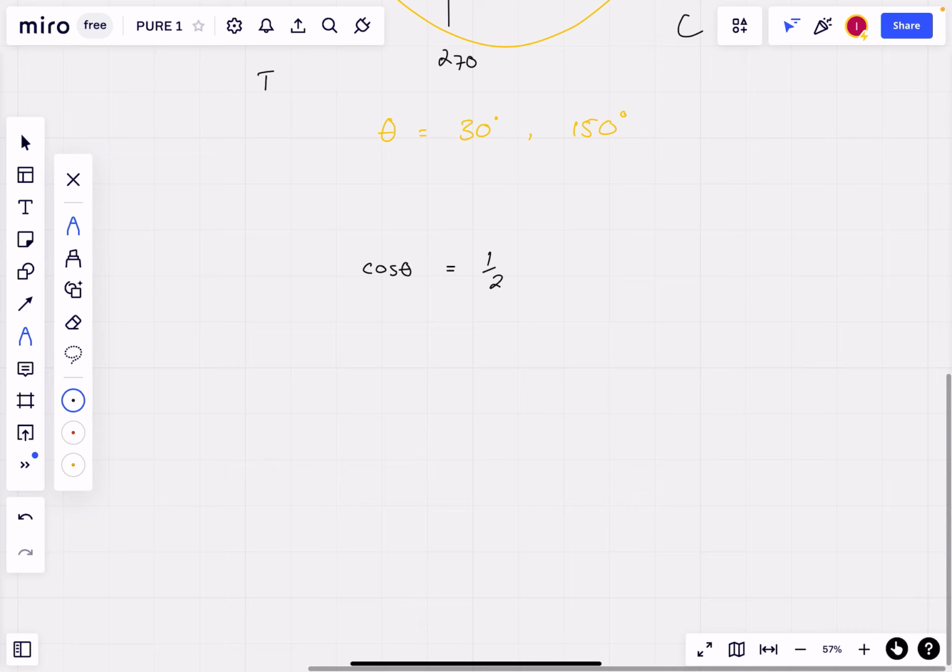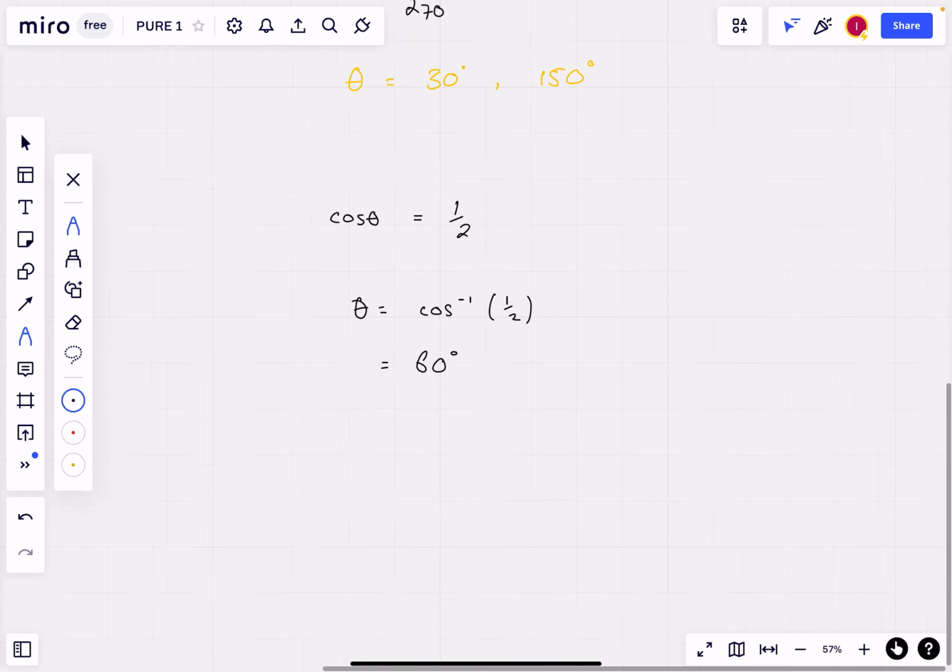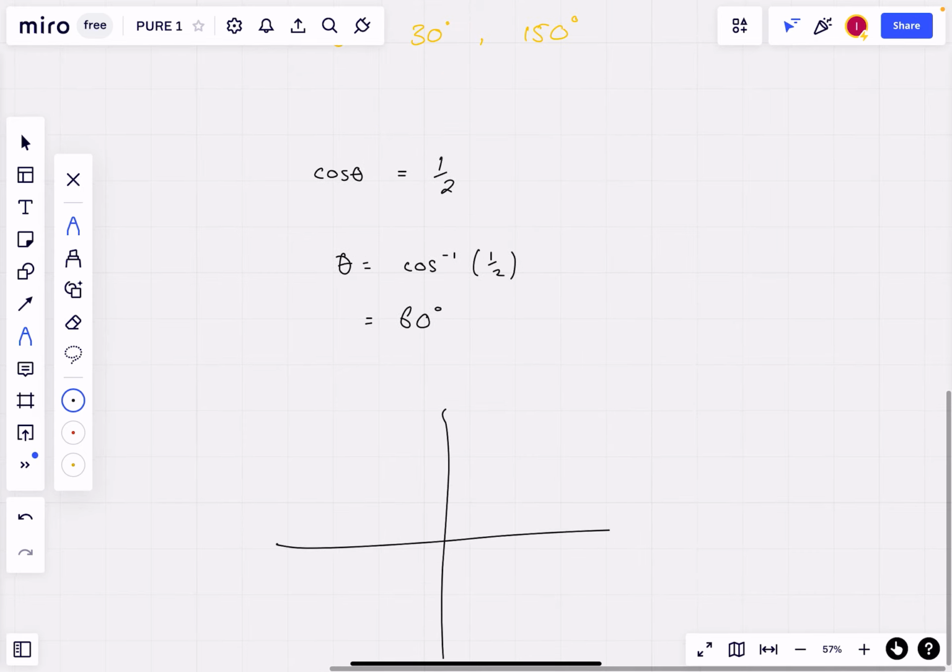If cos theta equals a half, theta is going to be cos minus 1 of a half, which gives us 60 degrees. Okay, we draw our cast diagram again. CAST. We label our points 0, 360, 90, 180, 270.